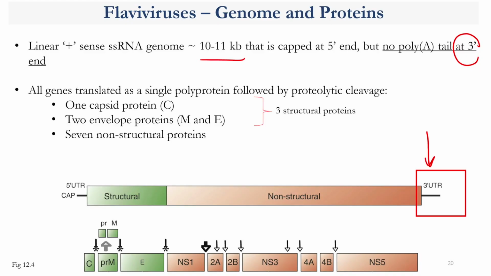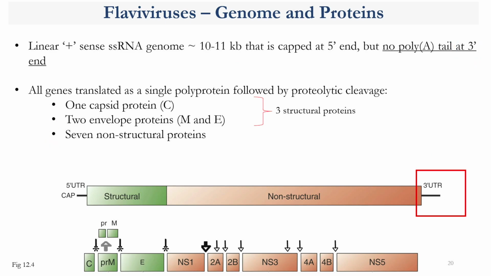Again, you translate all genes as a polyprotein, and then you cleave the polyprotein to form capsid protein, envelope proteins, and non-structural proteins. So there are 3 structural proteins and 7 non-structural proteins, okay?